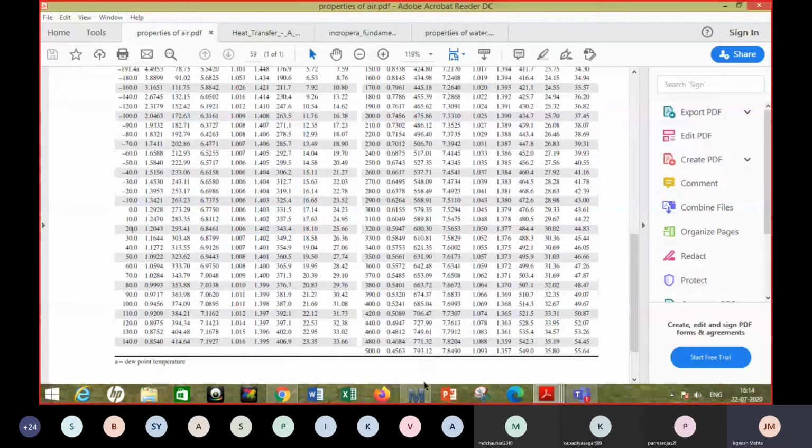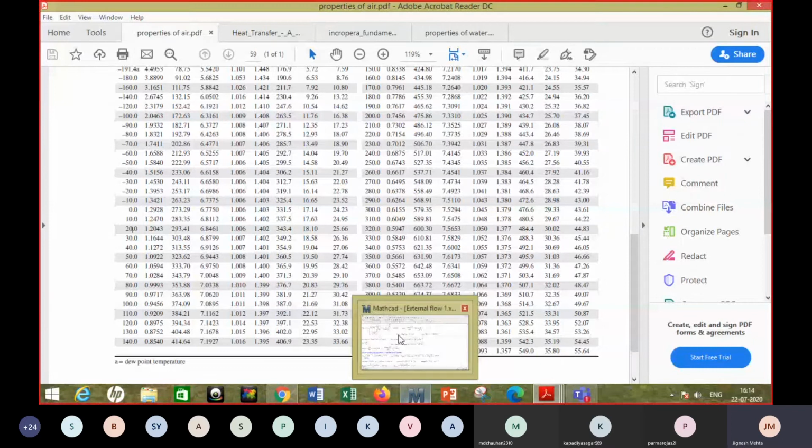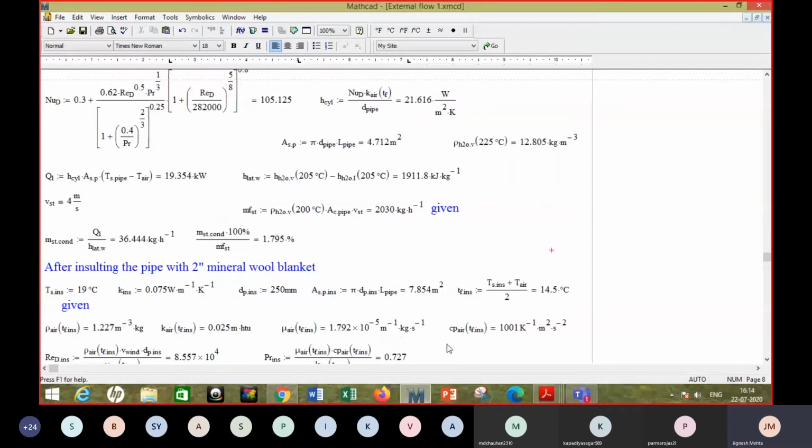But if you feel you don't have enough time, even if you take it at 15 degrees Celsius, your answer will not vary very much from this 14.5 degree answer, right? So in case you don't have enough time, there is not much harm in taking the properties at 15 degrees Celsius, but it is recommended that you clearly mention it.